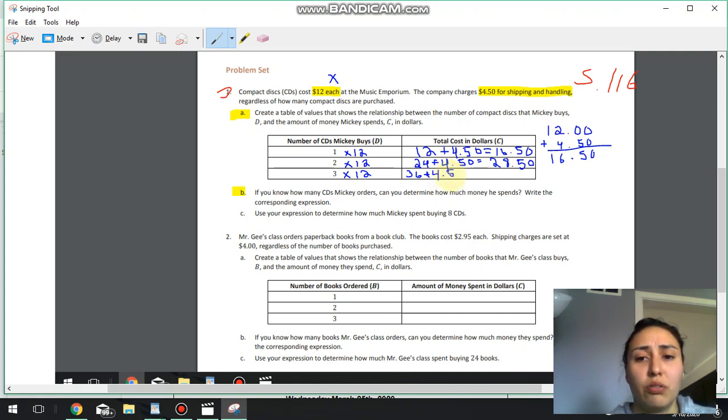And I'm going to do that one in my head just like I did the last one. So 36 plus the 4 whole dollars equals $40. And I can't forget about my 50 cents. So if I added it going the long way, you would still get $40 and 50 cents.